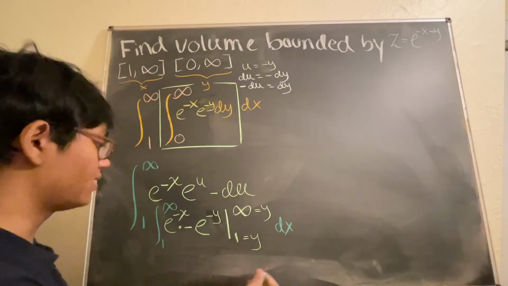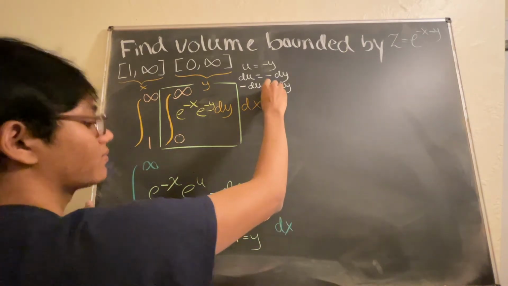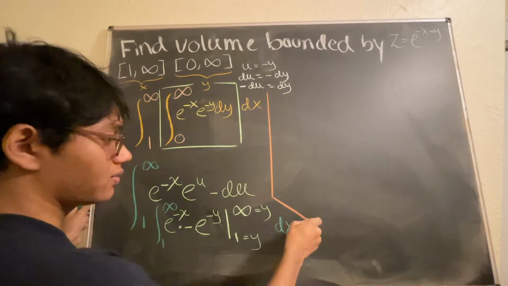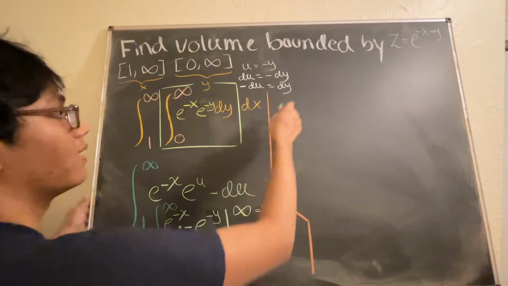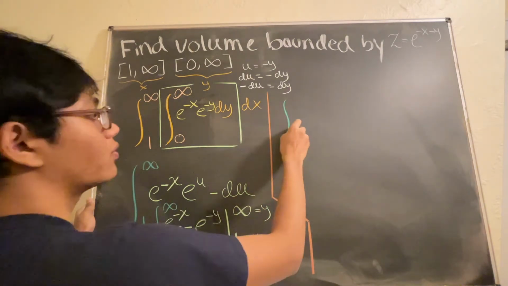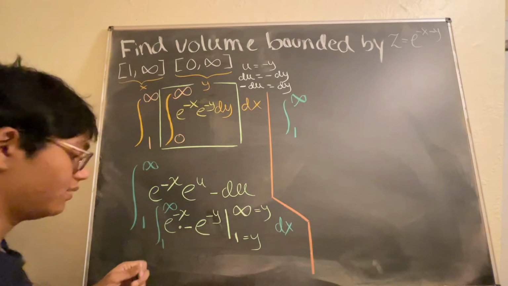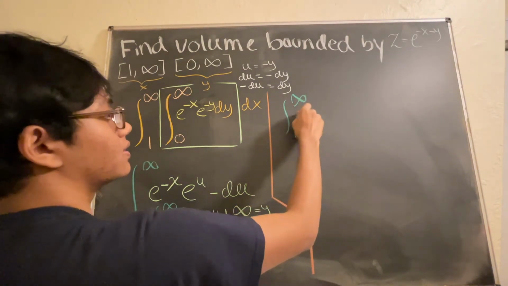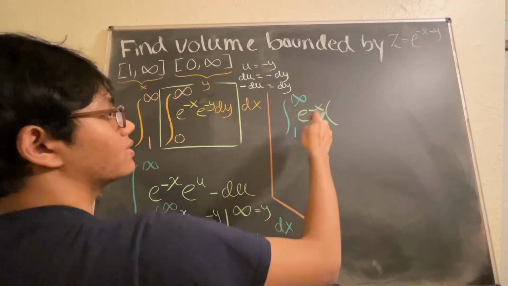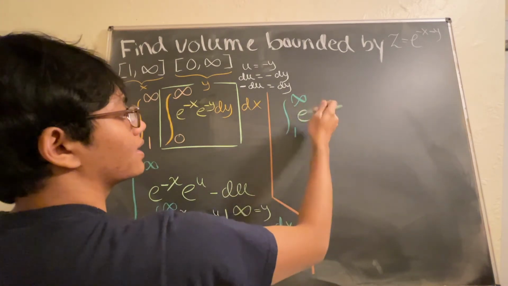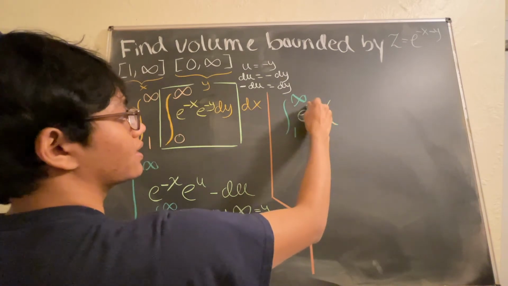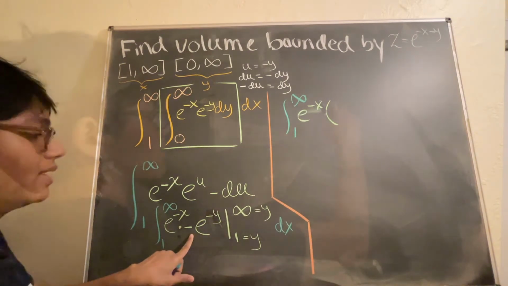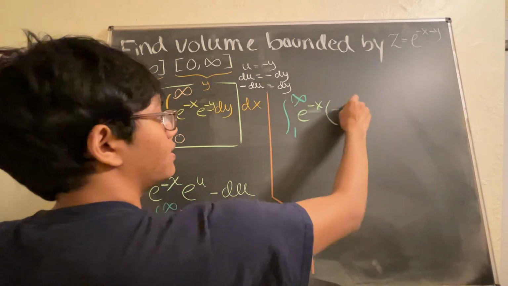So I'll have the integral from 1 to infinity of e to the negative x times minus e to the negative y.